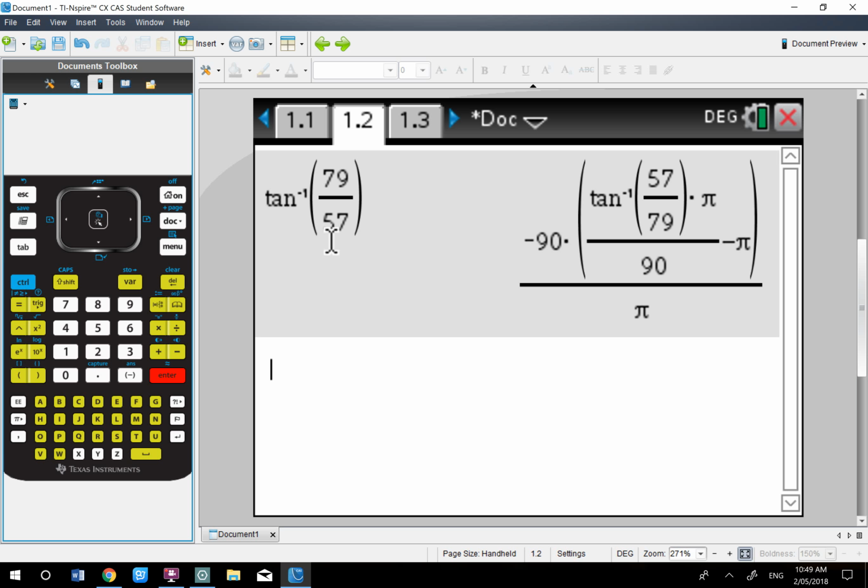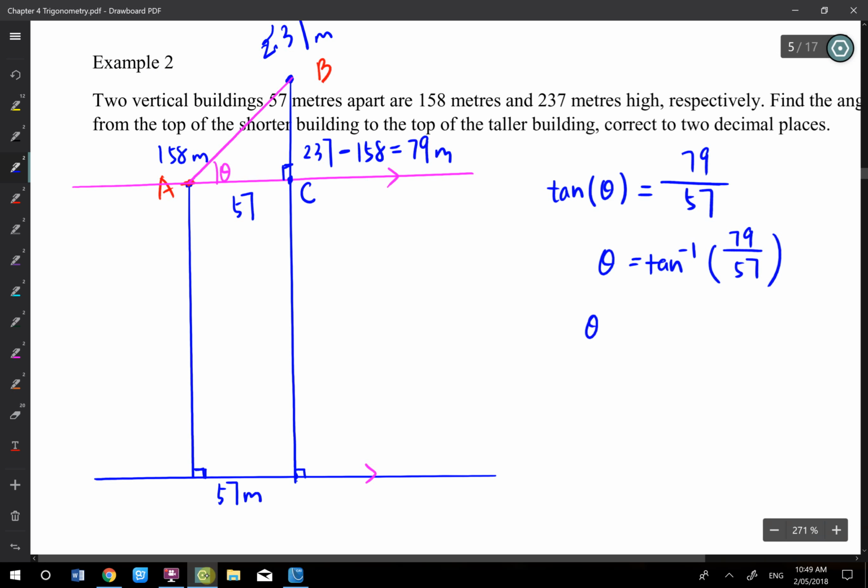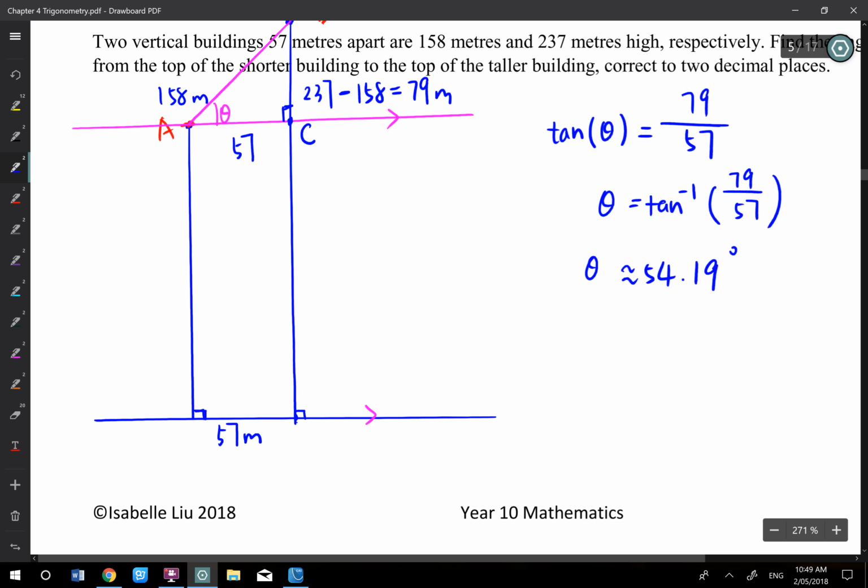Well, that's the exact value, and I don't want exact. Control enter will give me the approximation value. So it's 54.19. Okay, the unit is degrees. So 54.19 degrees.